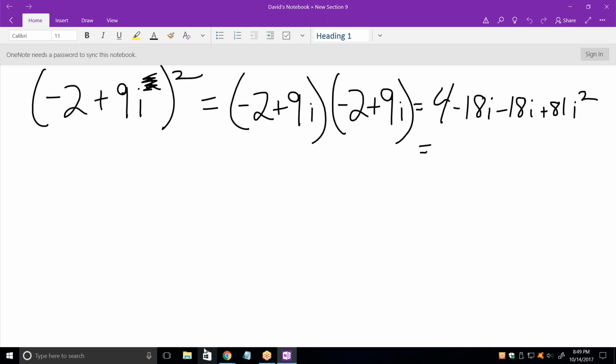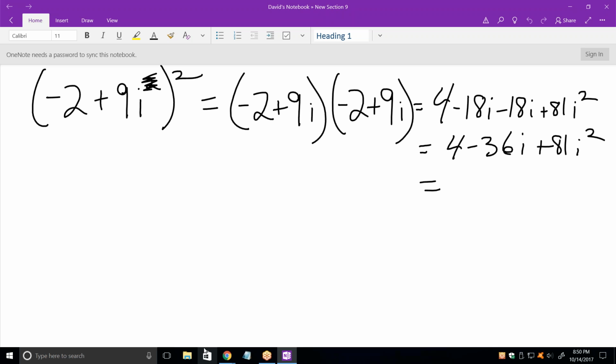Minus 18i minus 18i, that's negative 36i. So it's 4 minus 36i plus 81i squared. And the 81i squared turns into a negative 81. And so 81 minus 4 is 77.